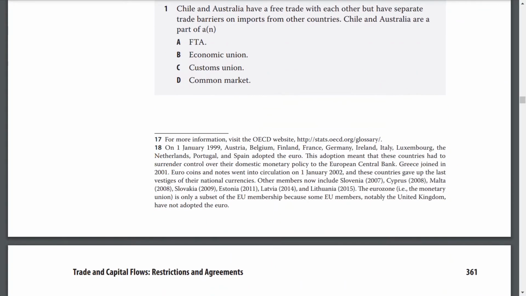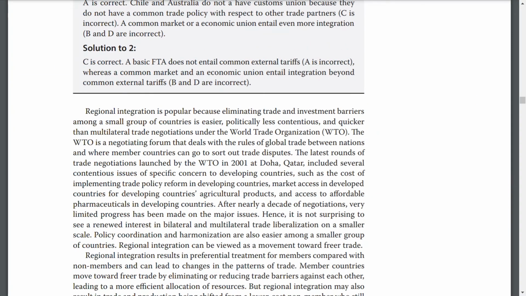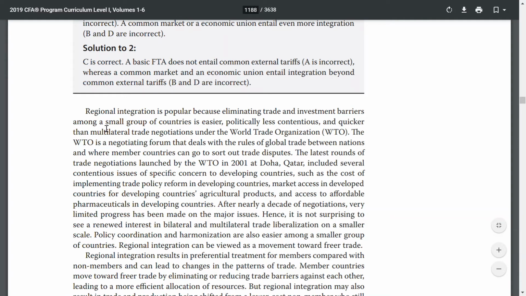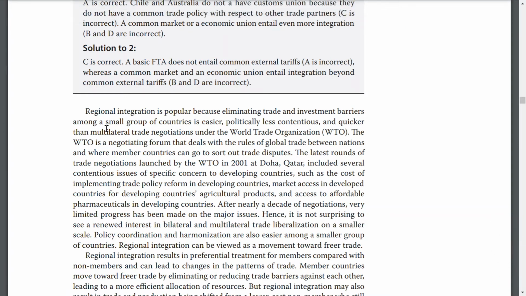Regional integration is popular because eliminating trade and investment barriers among a small group of countries is easier, politically less contentious, and quicker than multinational trade negotiations under the World Trade Organization. The World Trade Organization is the negotiating forum that deals with the rules of global trade between nations and where member countries can go to sort out trade disputes.